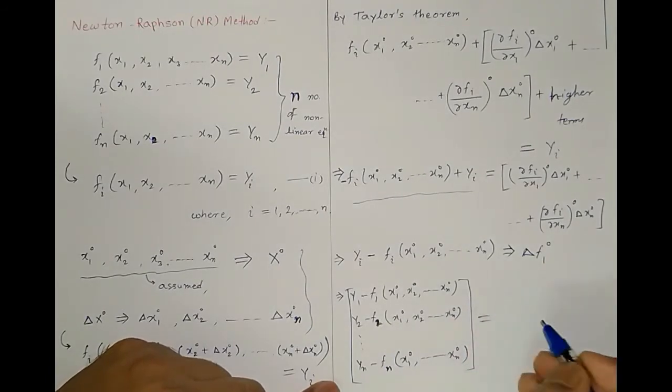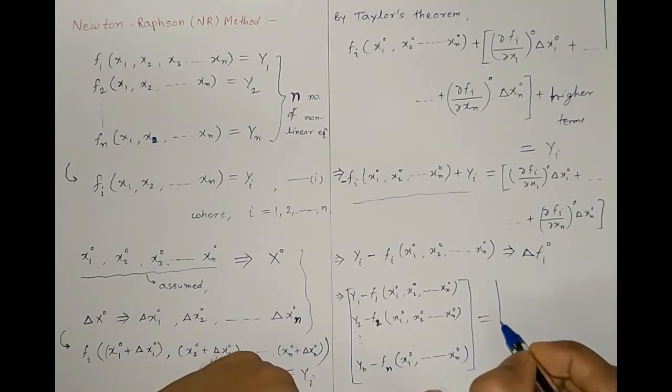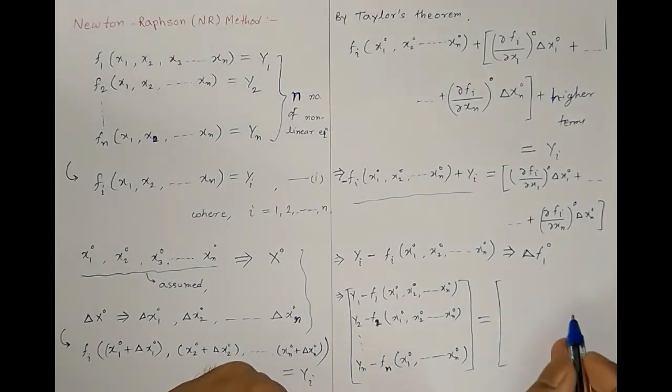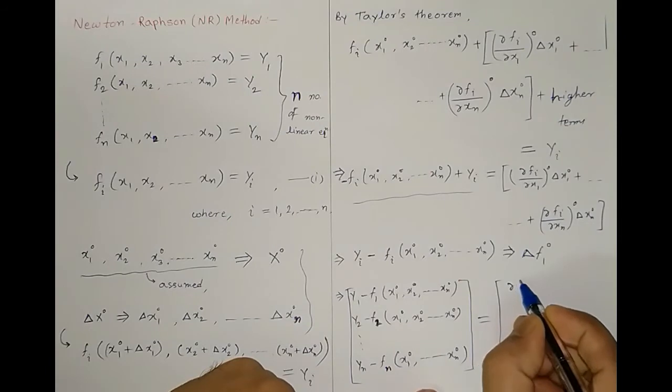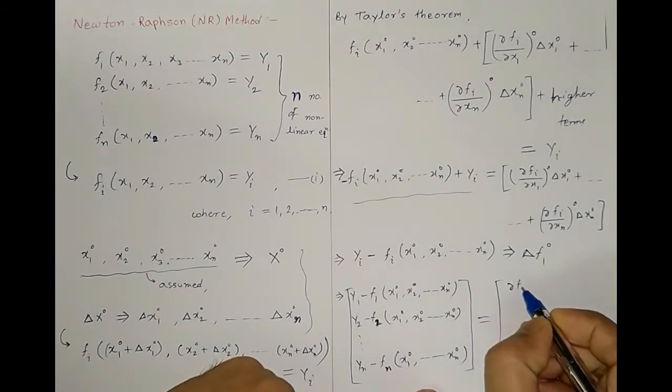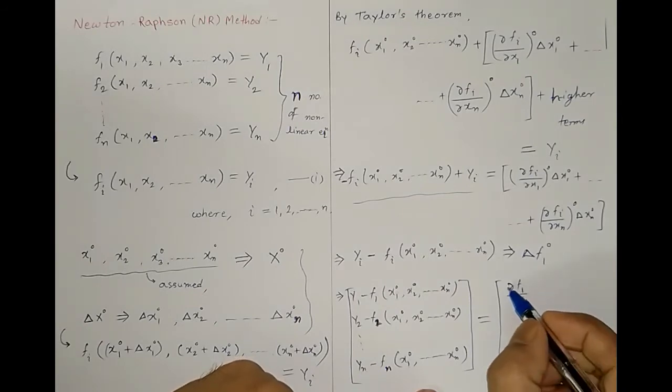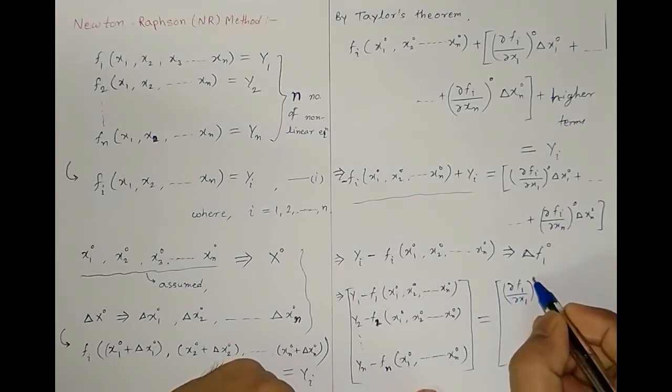This will be what? Matrix of del f1 by del x1 in the zeroth iteration.